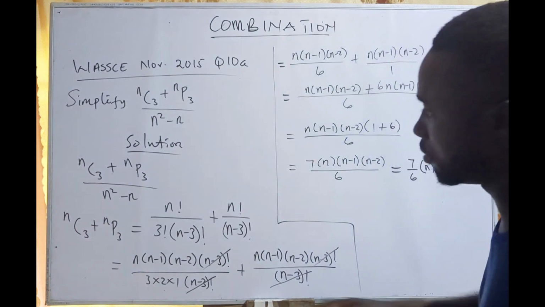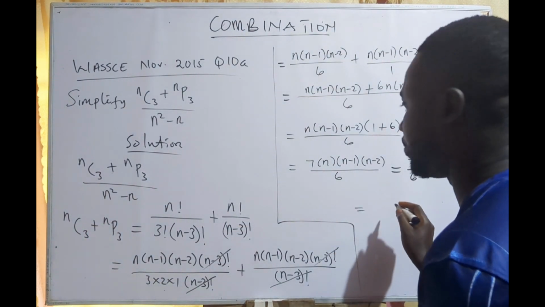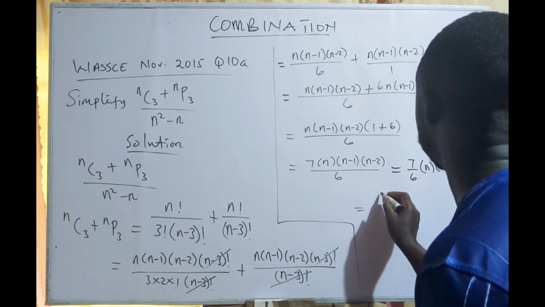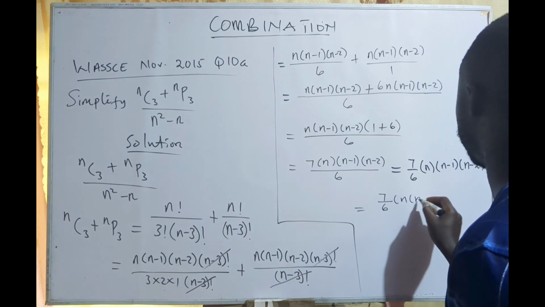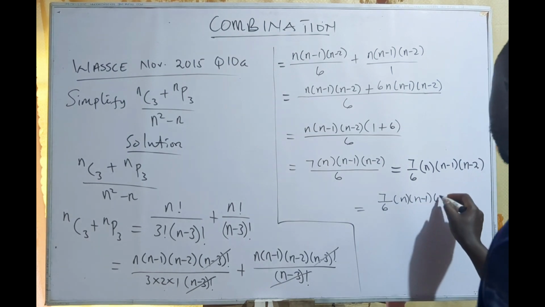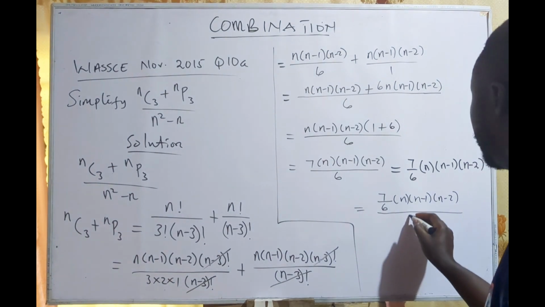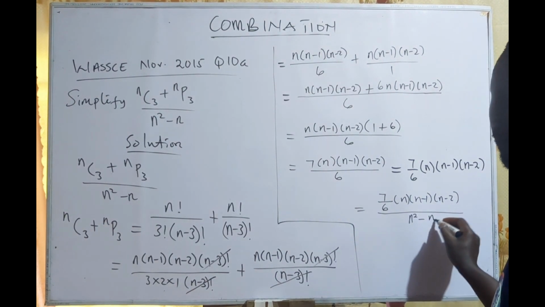So what we have to do is to divide by n squared minus n. So we are going to have 7 over 6 n minus 1 n minus 2 also divided by n squared minus n.